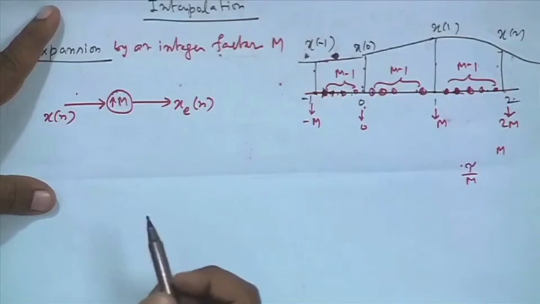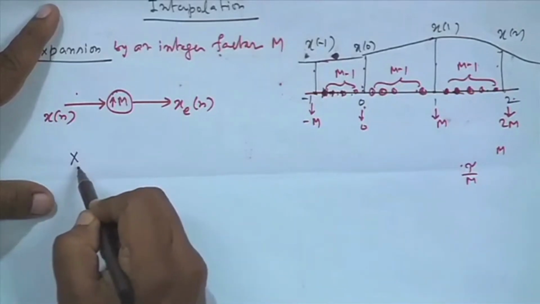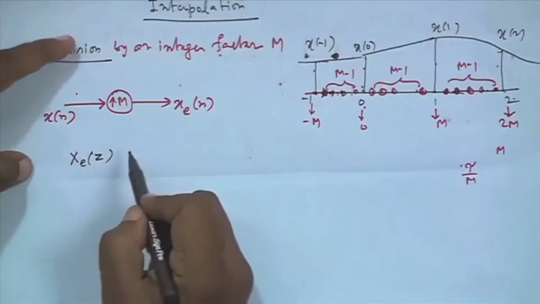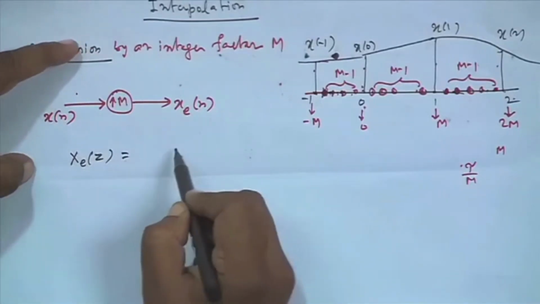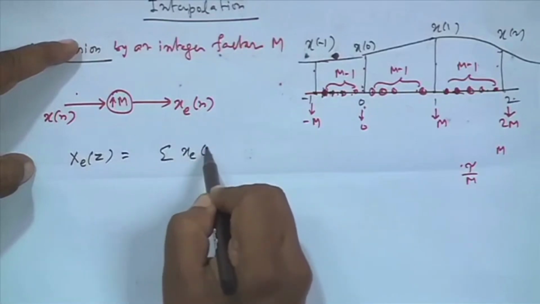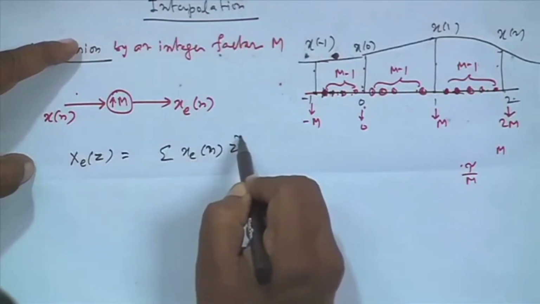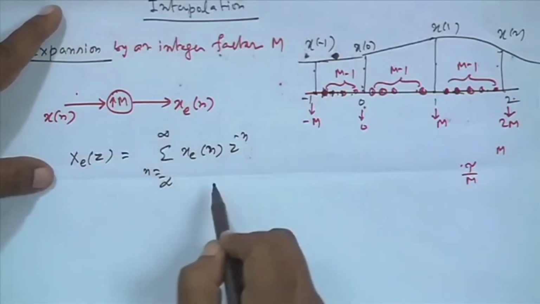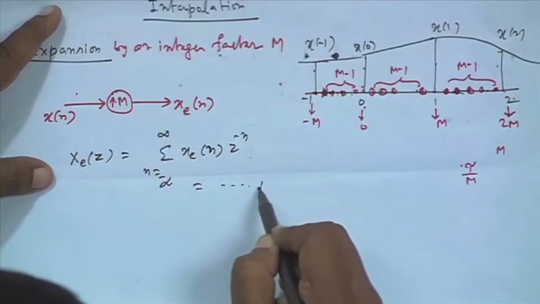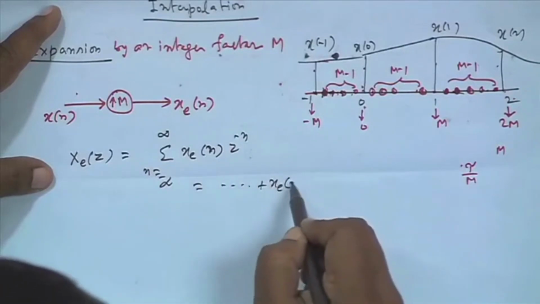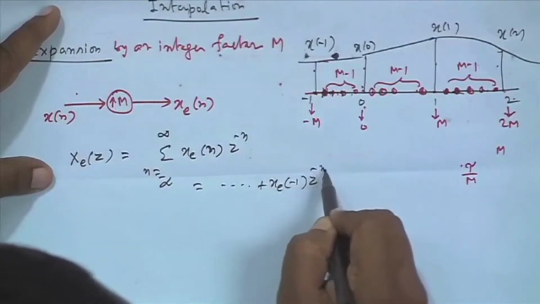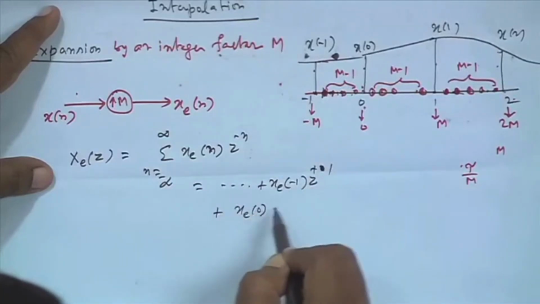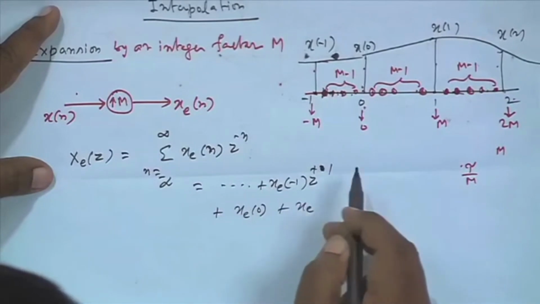For this expanded sequence, what is X_e(z)? If I find X_e(z), you can find out the DTFT also. What is X_e(z)? By the Z transform formula, it is the sum of x_e[n] z to the power minus n, assuming some ROC and all that.